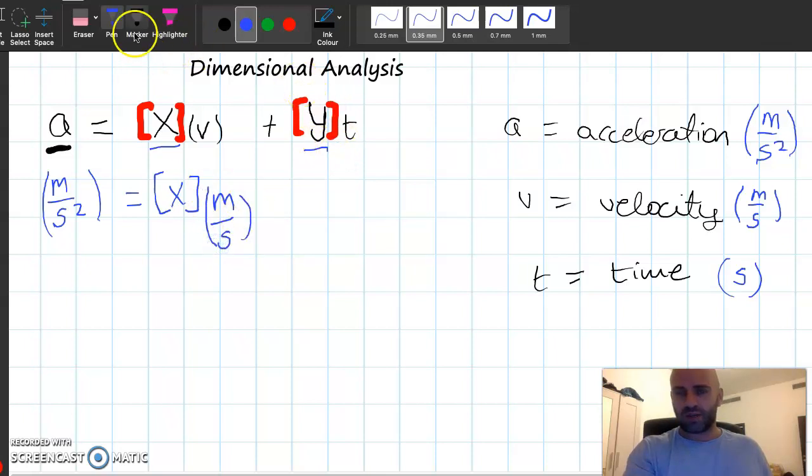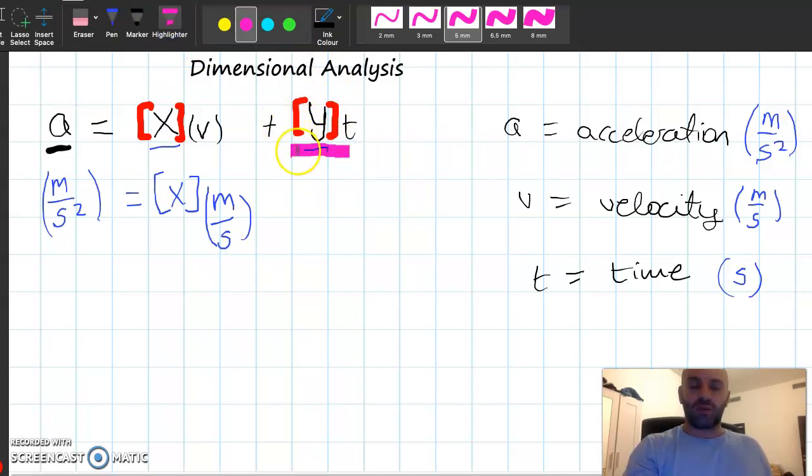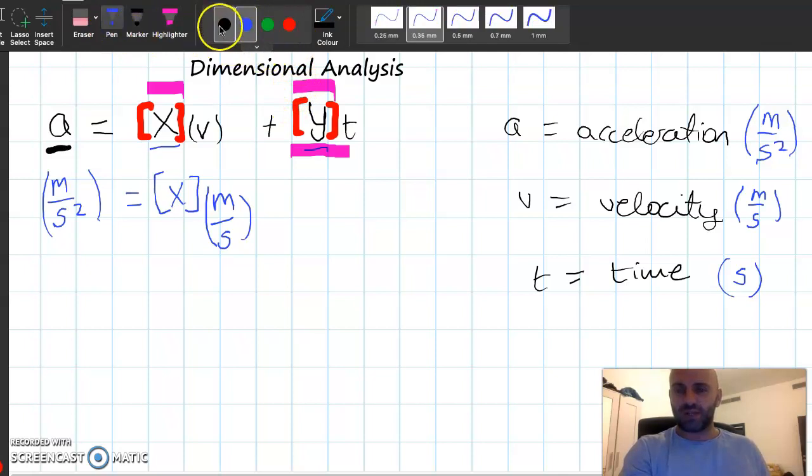Now here's the thing, I can drop the second term for a moment, purely because if I'm going to add this quantity to this quantity, then the only way I can add them is if they have the same units. In other words, you cannot add 2 apples to 3 oranges.